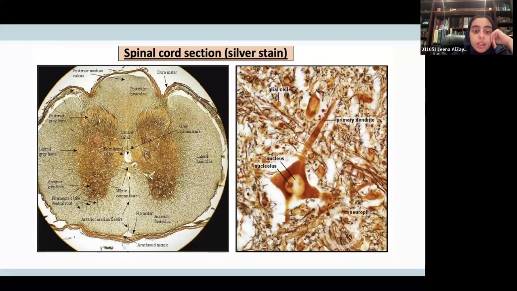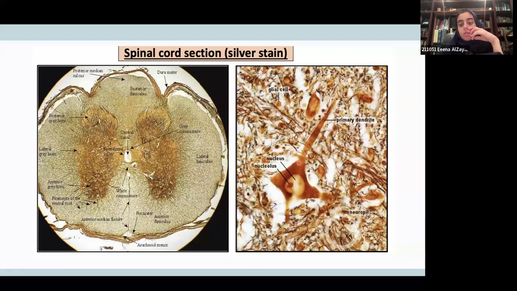For the silver stain, this is how it looks. We have, again, this is the gray matter. This is all the white matter. This is how the dura mater is not completely directly connected. We can see that the CSF is in the middle, kind of, in the empty spaces. Yeah, the central canal is over here, and inside the central canal, obviously, you have ependymal cells that create the CSF for the surrounding area.